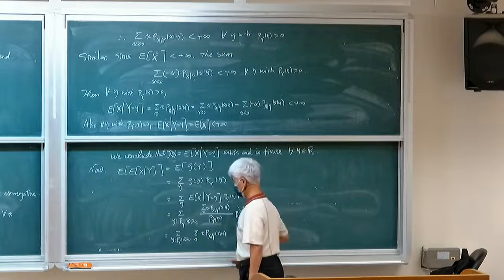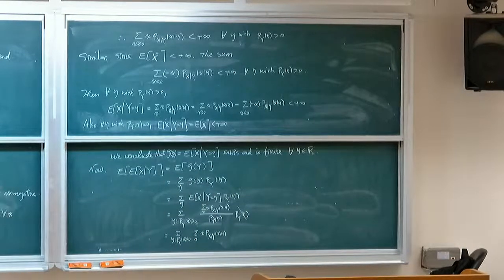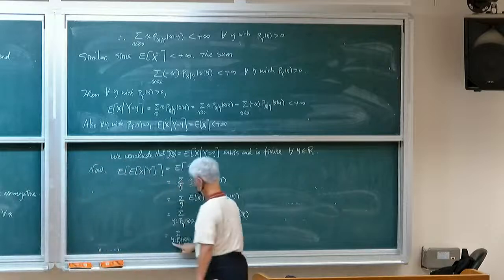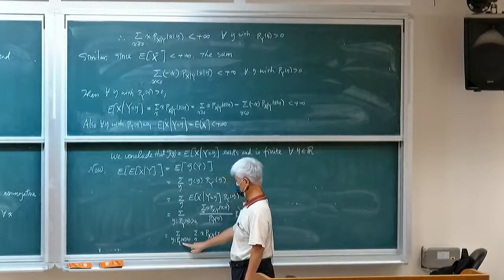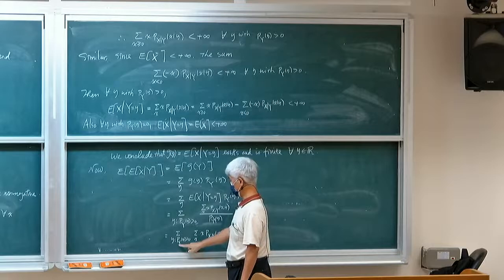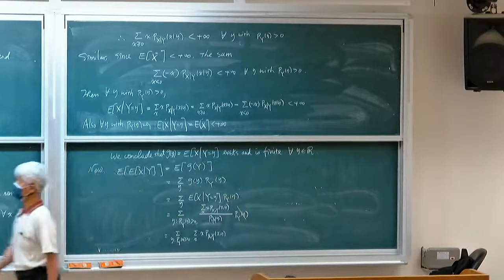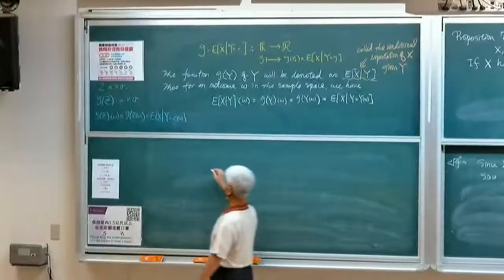Now we have to go back. The first sum is over all y such that the marginal PMF of random variable Y at little y is positive. But we can sum over all y.